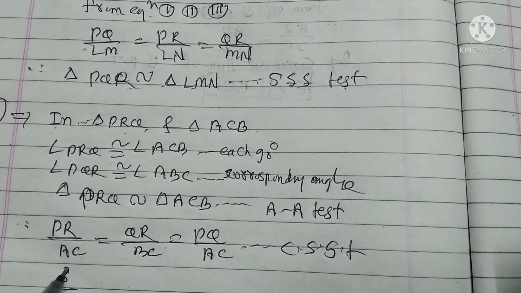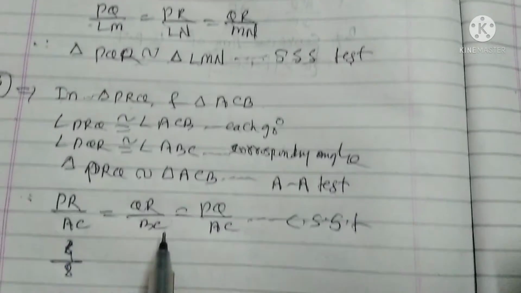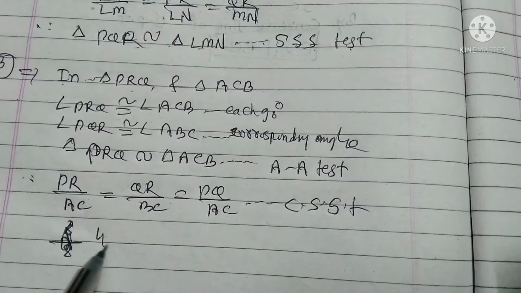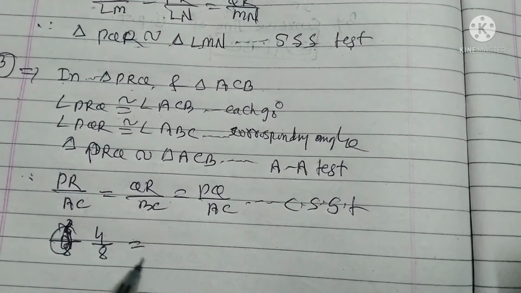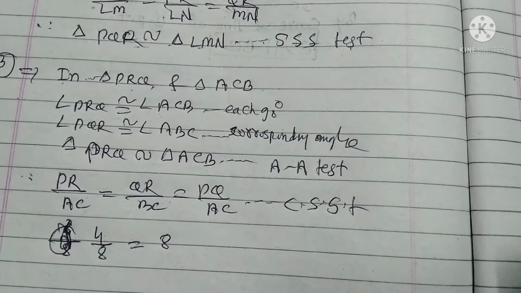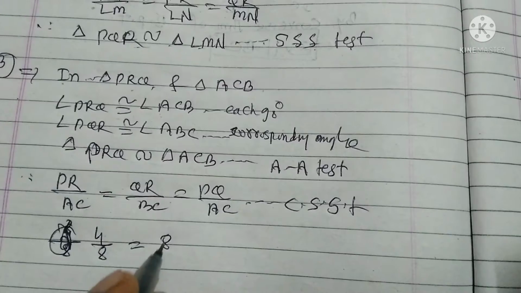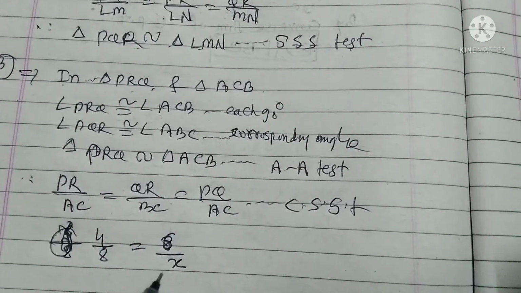PR is given 4, AC is given 8. QR, the shadow, is given 6, and this is X.